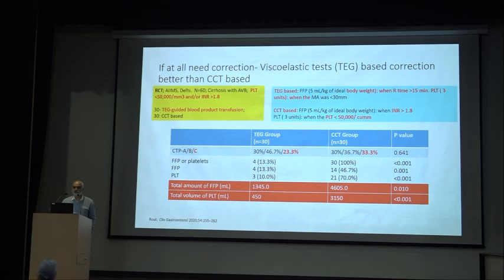These were the thresholds for TEG based transfusion. FFP was given when R time was more than 15, and platelets were transfused when maximum amplitude was less than 30. Now it was found that the total amount of FFP and platelets transfused was more in the conventional coagulation group, this is expected, as compared to the TEG group.